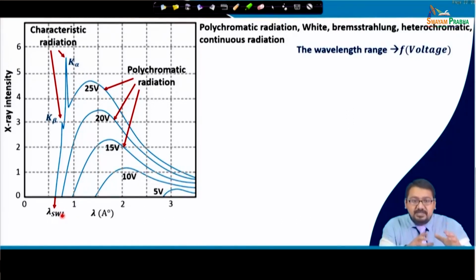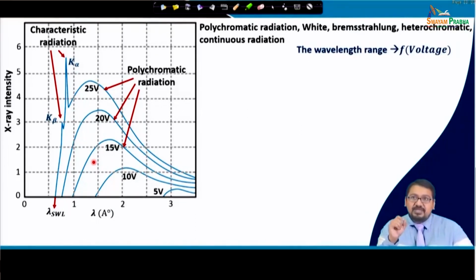Not only that, but the maximum of this peak, the lambda maximum, also decreases as the voltage of the X-ray tube is increased. As the voltage increases from 5 kilovolt to 10, 15 and 25, the energy with which the electrons hit the target anode increases.